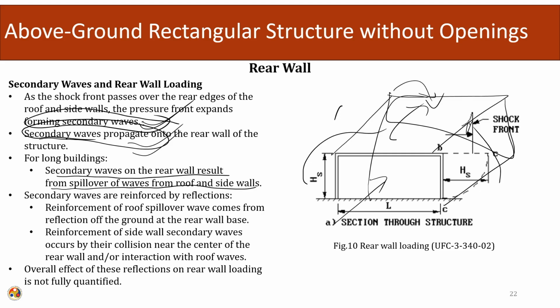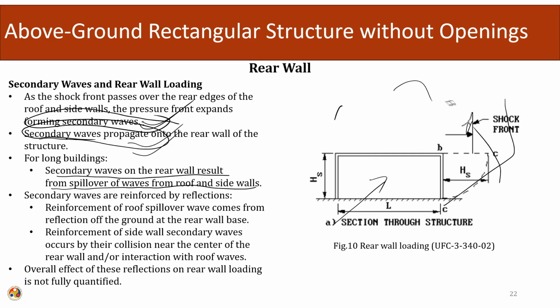As a principle, the reinforcement of roof spillover waves in the rear wall comes from the reflection of the ground at the rear wall base, which causes an accumulation of the magnitude of the pressure. At the base of the rear wall, due to the reflection from the ground, the secondary waves are strengthened.